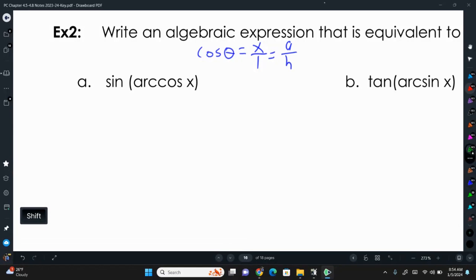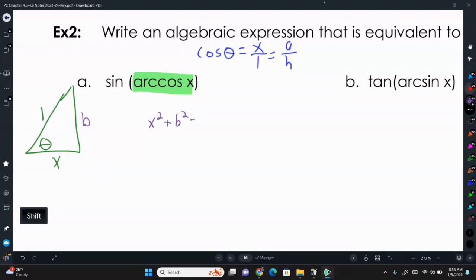So if I draw my triangle here, the adjacent side is x, and the hypotenuse is 1. So I took care of this inside right there. Well, sine is the opposite over hypotenuse, so we need to figure out the opposite side. And we can do that using Pythagorean theorem. So x squared plus b squared equals 1 squared. Well, we subtract x squared from both sides, so b squared equals 1 minus x squared.